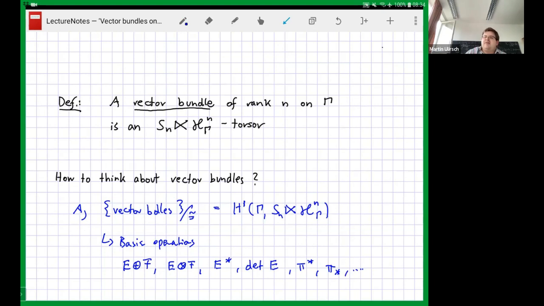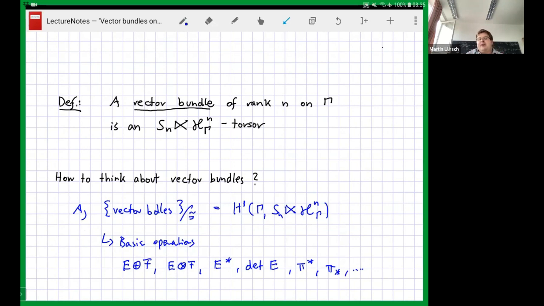We could in principle define a bundle hom from E to F as E star tensor F, but I don't think we should, because the bundle of homomorphisms between two vector bundles should in some sense recover linear maps if we're working over just a one-point space. And linear maps in tropical geometry is a whole other story that is much more intricate than we are comfortable proposing. So we explicitly exclude the hom bundle just because we are in the perspective of principal bundles, and there you cannot really write this down as easily.